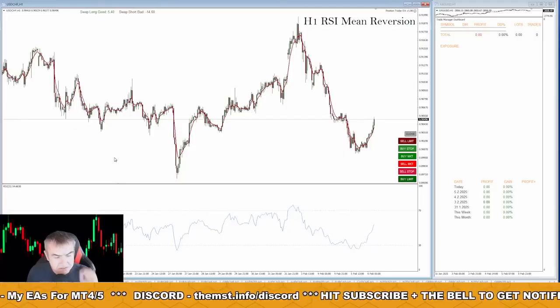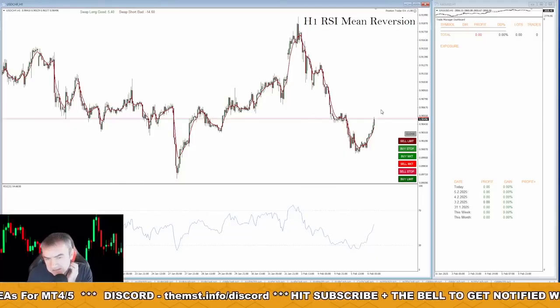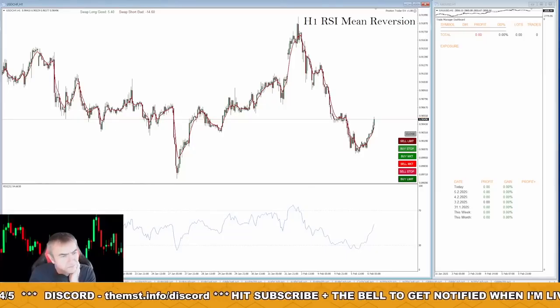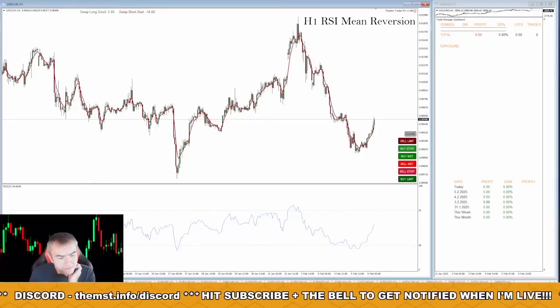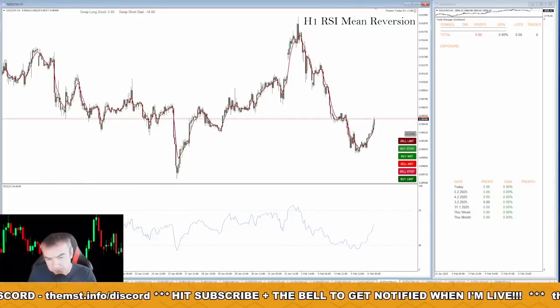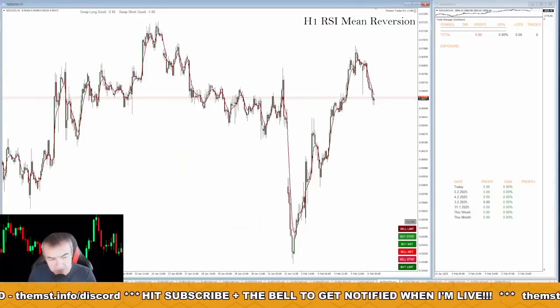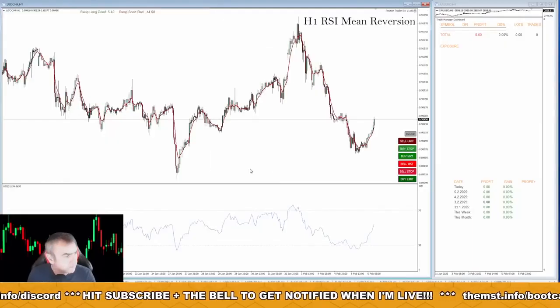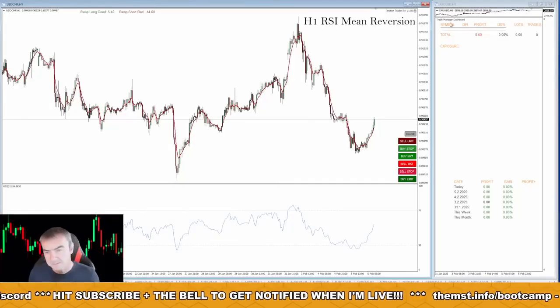Only the US dollar Swiss. For some reason, the US dollar Swiss is just not working. It's not getting a reading, is it? Weird. I don't know. I'm going to keep an eye on that.